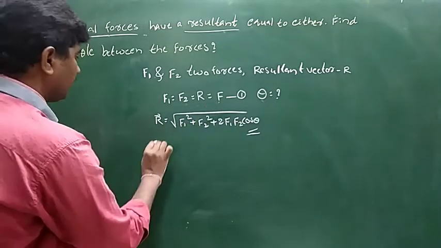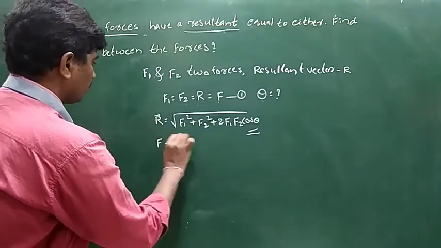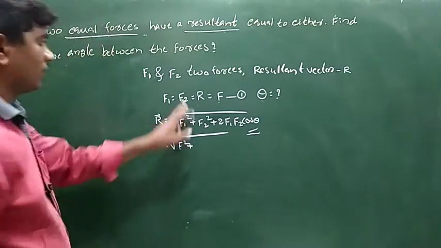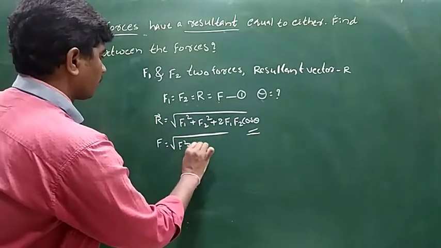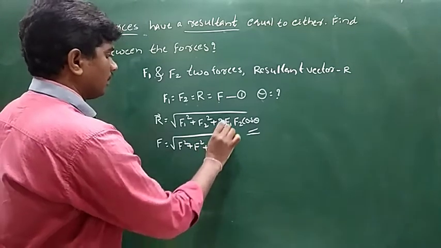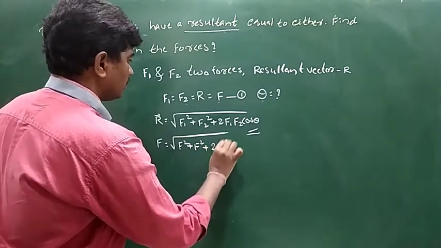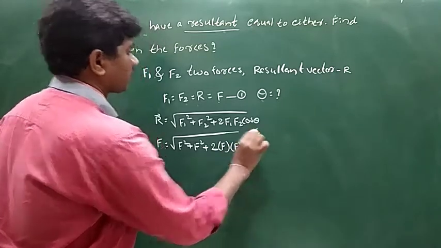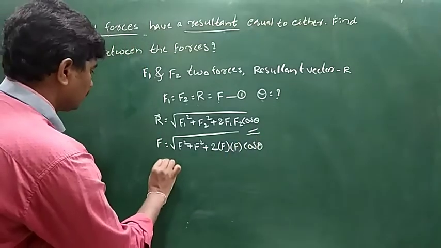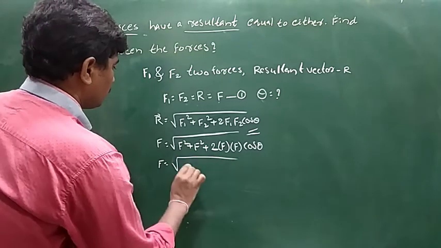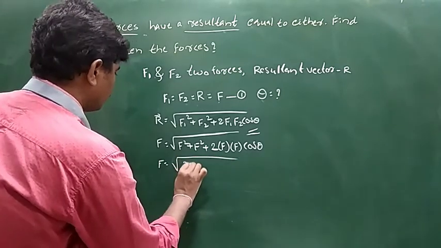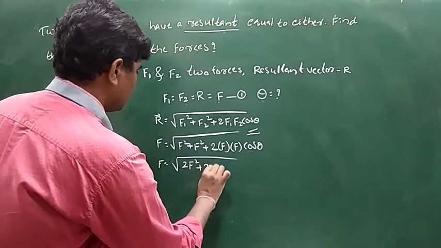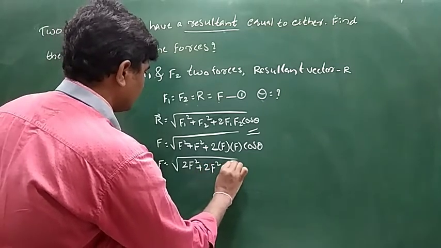Therefore, R equal to F equals under root of F1 square is equal to F square plus F2 square equal to F square plus 2 into F1 equal to F, F2 equal to F into cos theta. Therefore, F is equal to under root of 2F square plus 2F square cos theta.